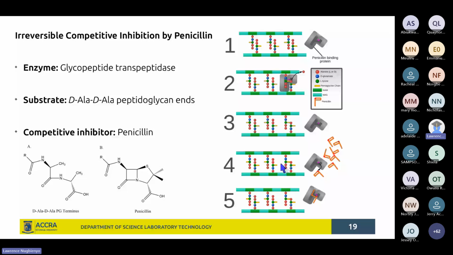Now, structurally, if you look at the chemical structure of penicillin, you see penicillin is having that 2-ring structure. You have this 4-ring, what is being referred to as beta-lactam ring.